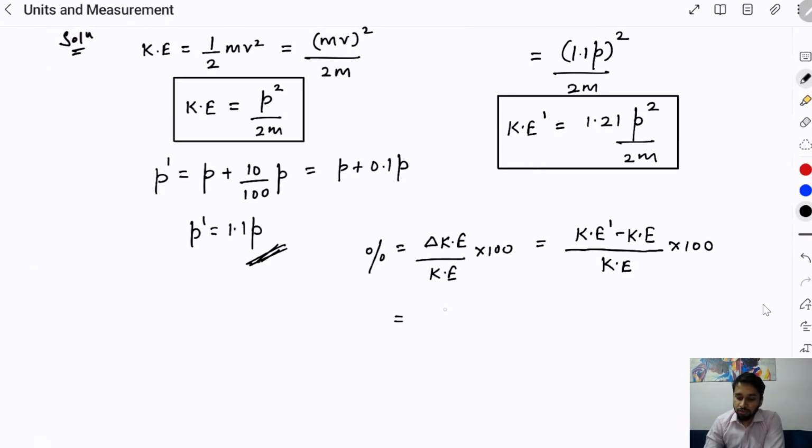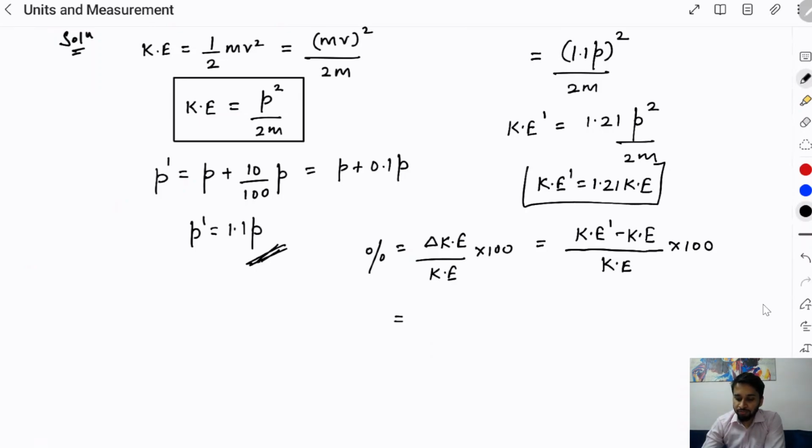So K dash is 1.21 times P square by 2m minus P square by 2m, or we can simply write it here that KE dash will be 1.21 times KE. Okay, this way also we can simplify.